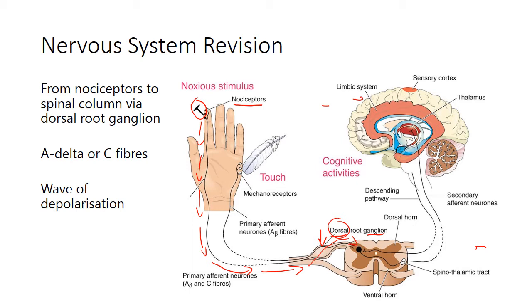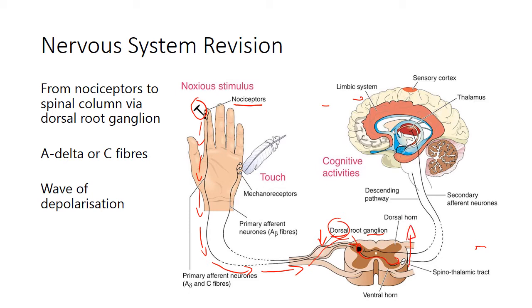We start with our nociceptors, these free nerve endings, and they conduct a neurological signal toward the spinal column. They then synapse here with this second order neuron that then decussates to the other side of the spinal column, where it travels up the spinothalamic tract.